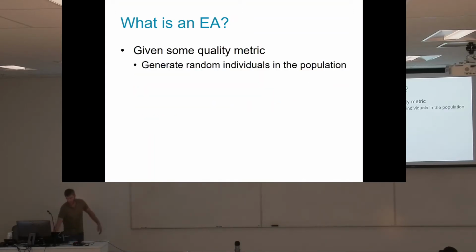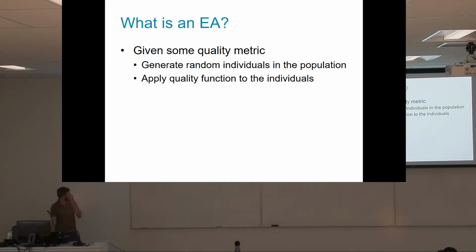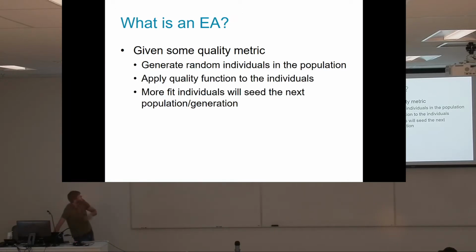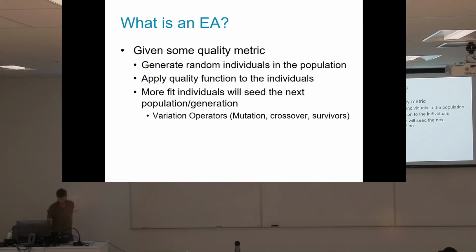So given some quality metric, generate random individuals in a population. TSP, a random permutation of cities. Random car, like those cars that we were driving on that 2D surface, just random car configurations, however we encode that. Apply some sort of quality metric to the individuals, and the more fit individuals will see the next generation of the population.